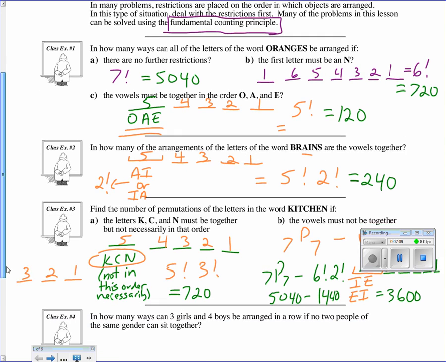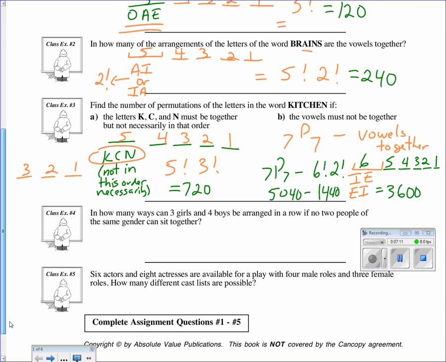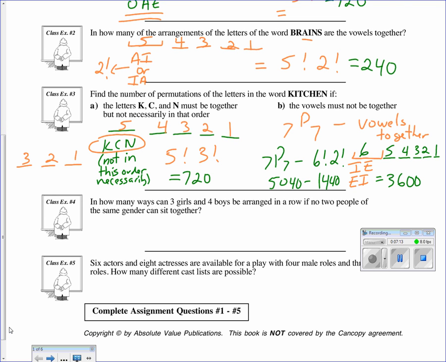And then if I slide down, I see the answer for these 2 questions. 5 factorial times 3 factorial is 720. And the work for the vowels must not be together is a unique one. All the possibilities, arrange 7 of them. That's 7 factorial, or 5040. Minus 6 factorial times 2 factorial is 1440. The difference is 3600.